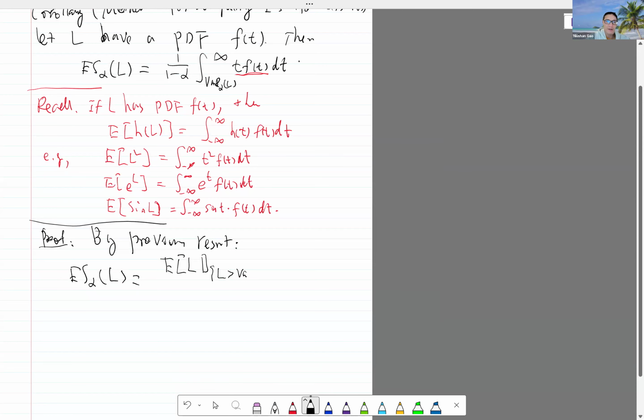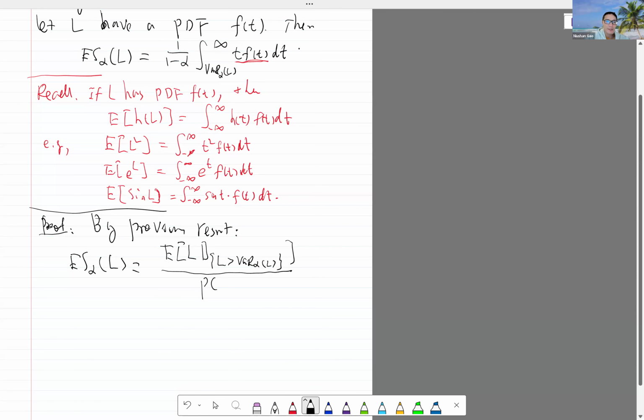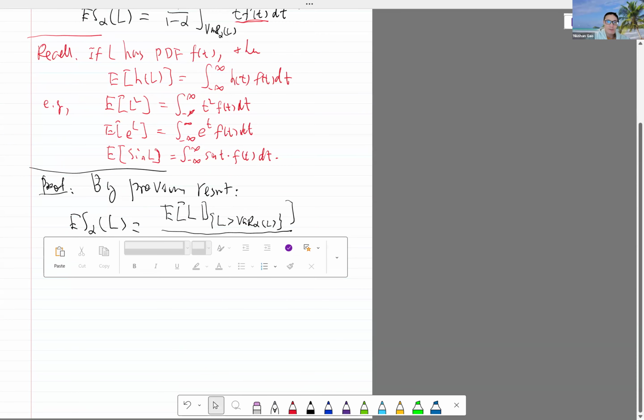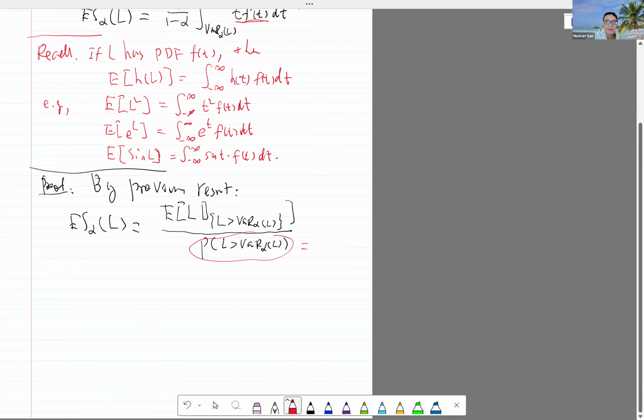L larger than value at risk alpha of L. And at the bottom, remember the probability of this equals 1 minus alpha for sure. That's why we choose it.